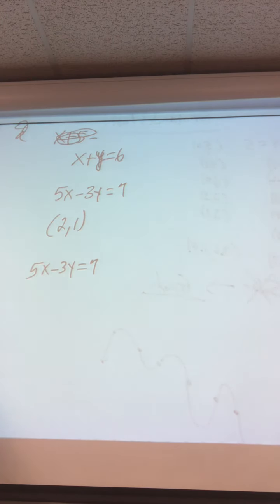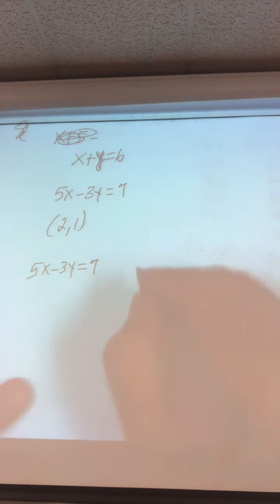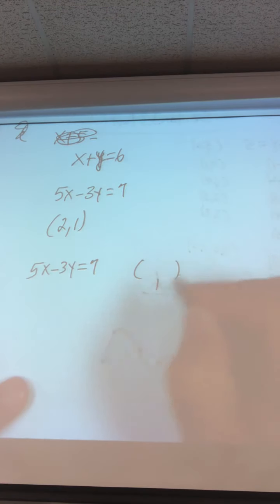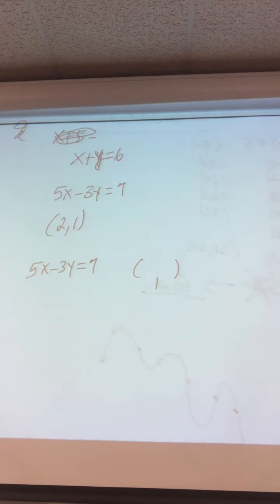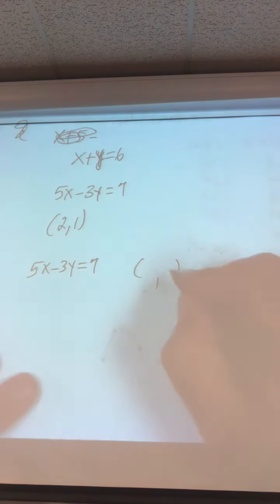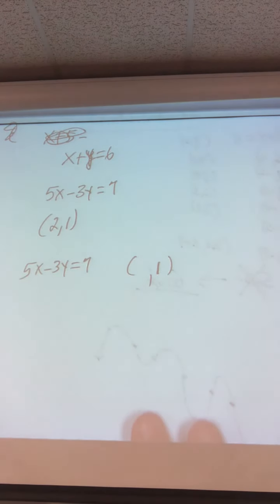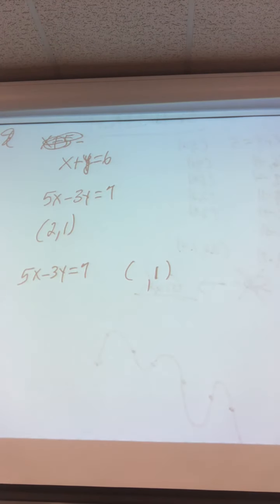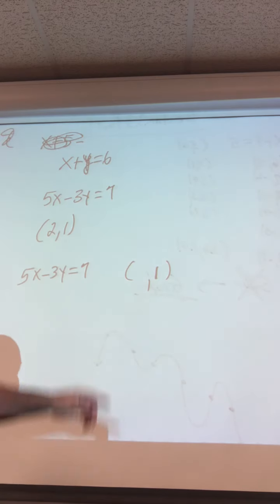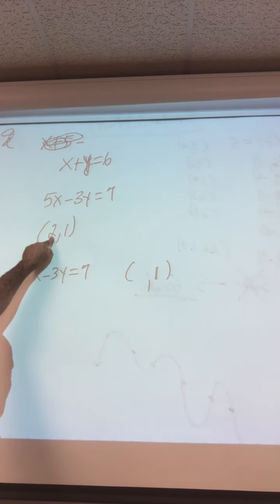Let's suppose I gave you an ordered pair, and let's suppose I gave you half of the answer. So let's put the 1 right here. Now, we're cheating on this one because you know what the x has to be, don't you?